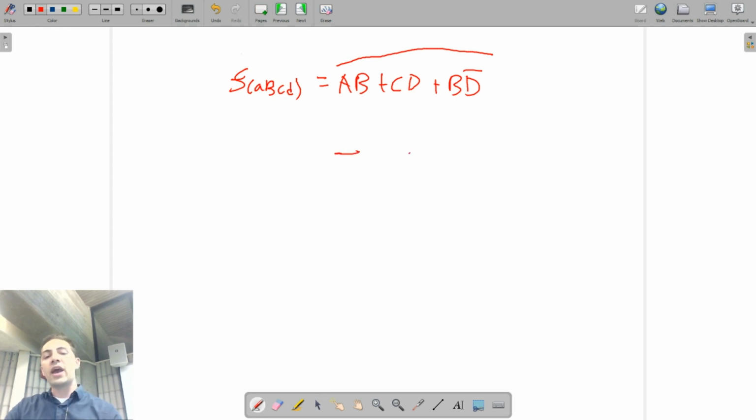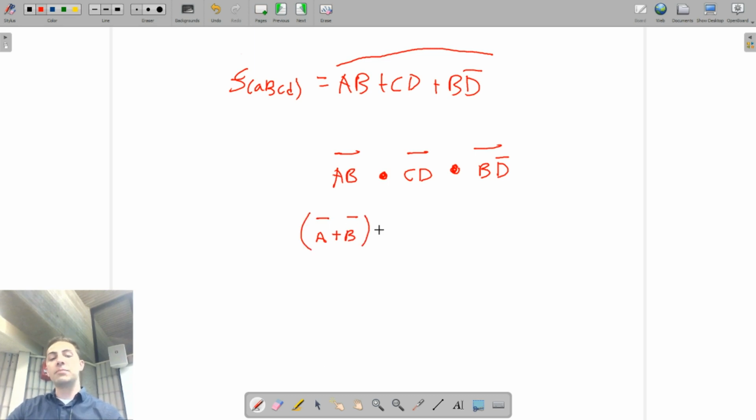Split the line. We have 3 terms that are ORed together. So I'm going to have A, B, and then change the sign. So the ORs turn to ANDs. This is CD. This is B, D not. Unfortunately, we're still not done. We need to apply De Morgan's law to each of these terms. So this term is going to become A bar or B bar.